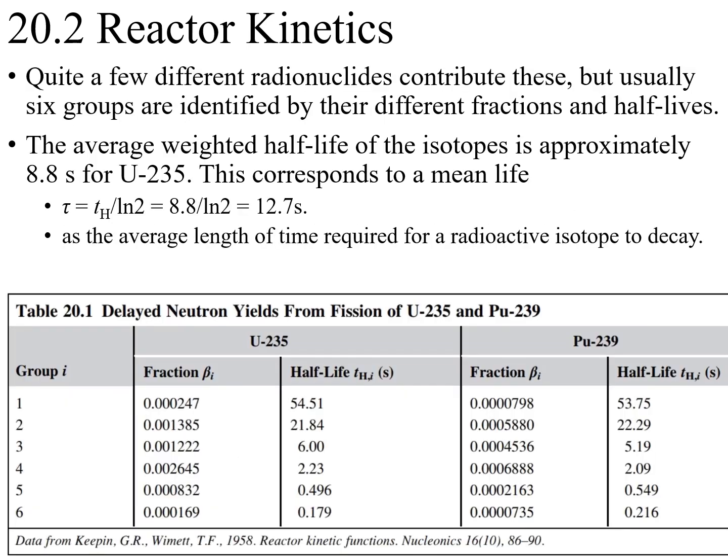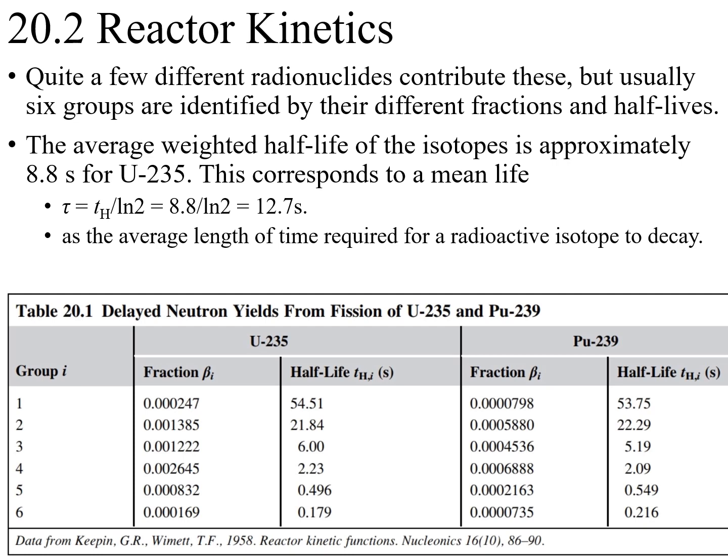There are many different radionuclides that can give you the delayed neutron, but traditionally we say that there are 6 groups of radionuclides that give the delayed neutron with different decay half-lives. The average half-life of the isotope can be calculated as 8.8 seconds for uranium-235, and different fuels will give different average half-lives, but those values are around the same.